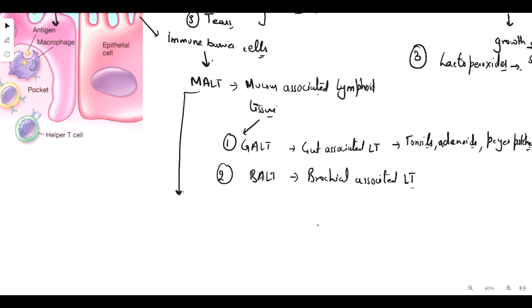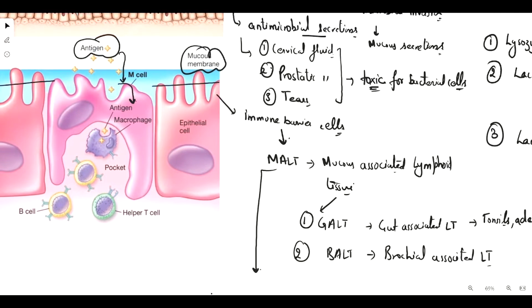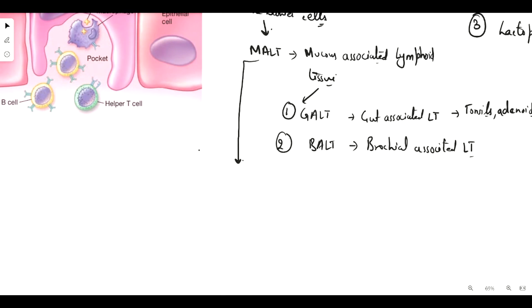In the MALT system, if the antigen penetrates the mucosal membrane, it encounters specialized cells known as M cells.